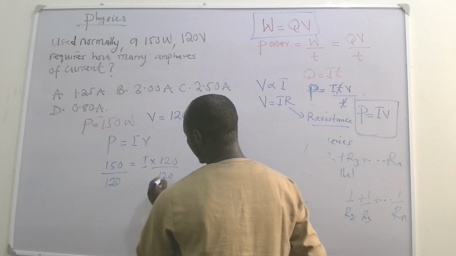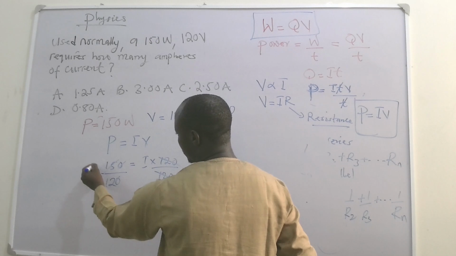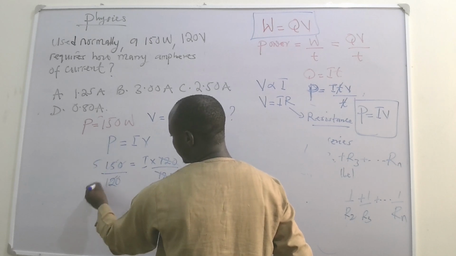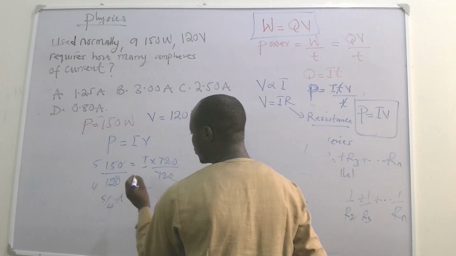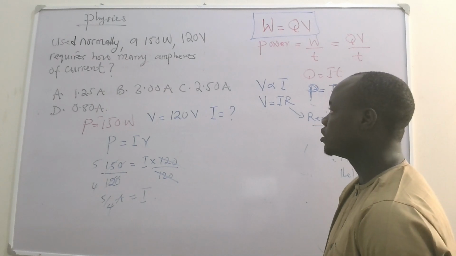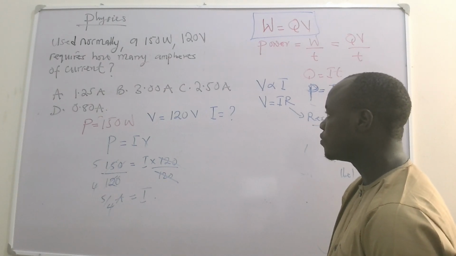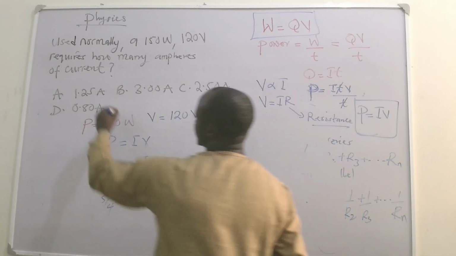Because 3 here, 5, 3 here, 4, we have 5 over 4. So this is our I value, 5 over 4 amperes.